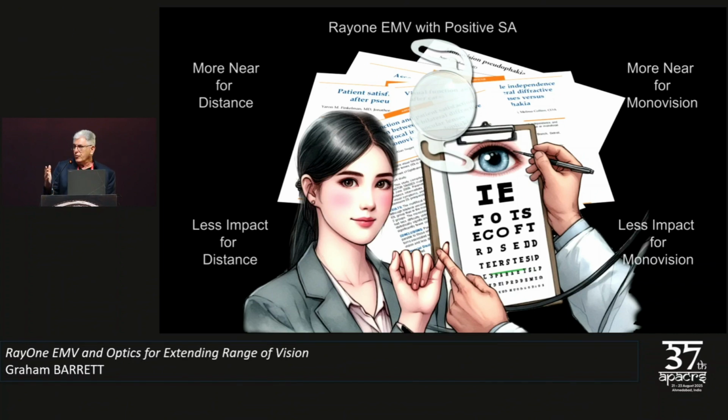Also, if you do a modest or minor amount of monovision, -3/4, you get more near than you would get with traditional monovision. And also, if you do use more monovision, say -1, -1.25, there's less impact on the distance vision in that myopic eye.